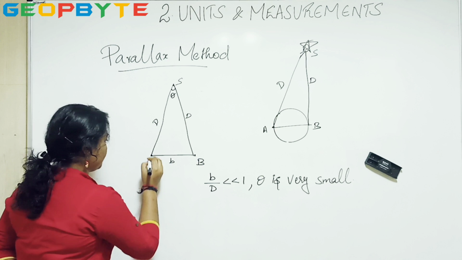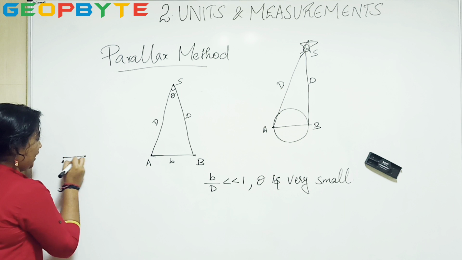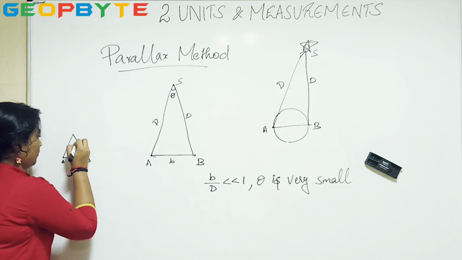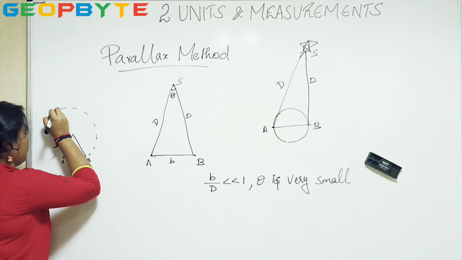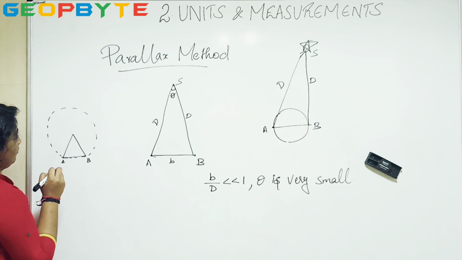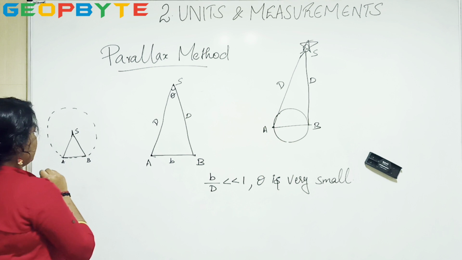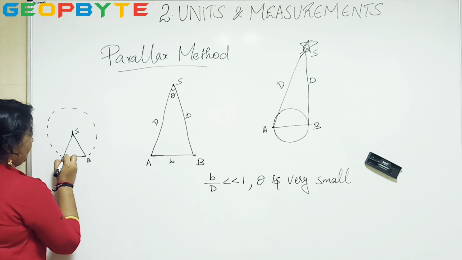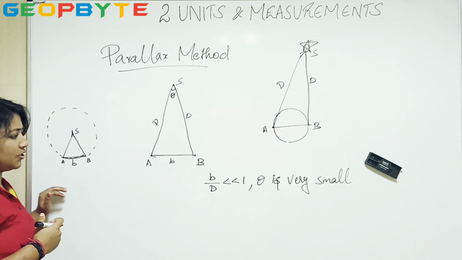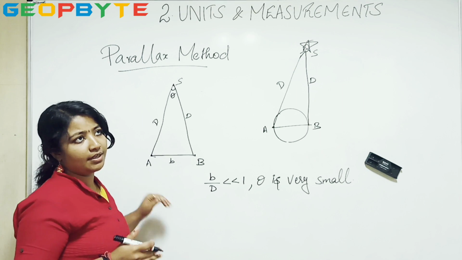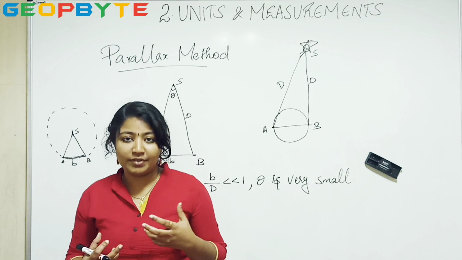That is, see, if this is my AB, this will be the center S, this will be B. Every approximation which we are making, in general, is for the sake of understanding or simplification.